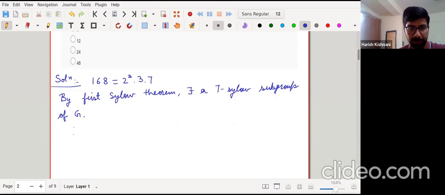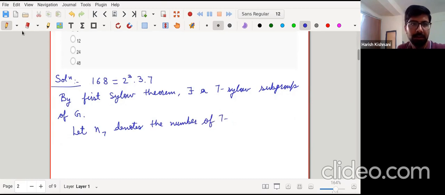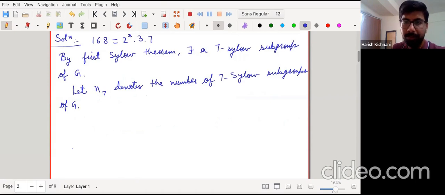Now, I will be using the same notation as given in the lecture notes. So let n7 denote the number of 7 Sylow subgroups of G. So what information do we have on n7?